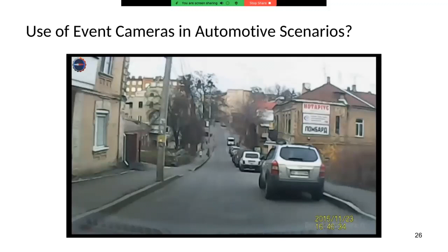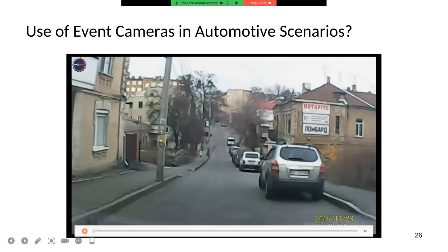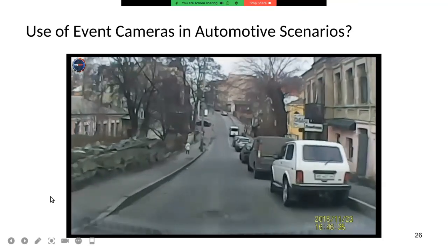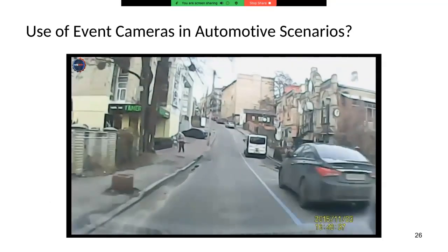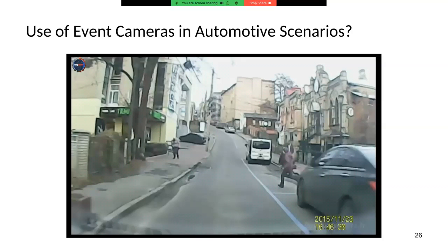Now maybe you ask yourself, why did you record event cameras? Why did you put so much effort into this? I want to show you this video where there's a person running onto the street. A person is driving, and this person is running onto the street.